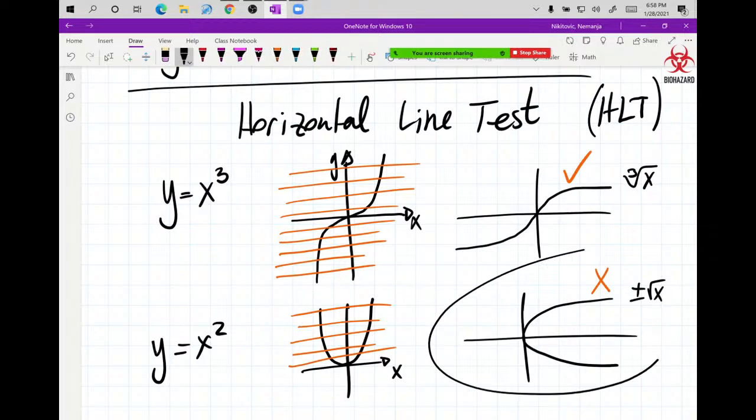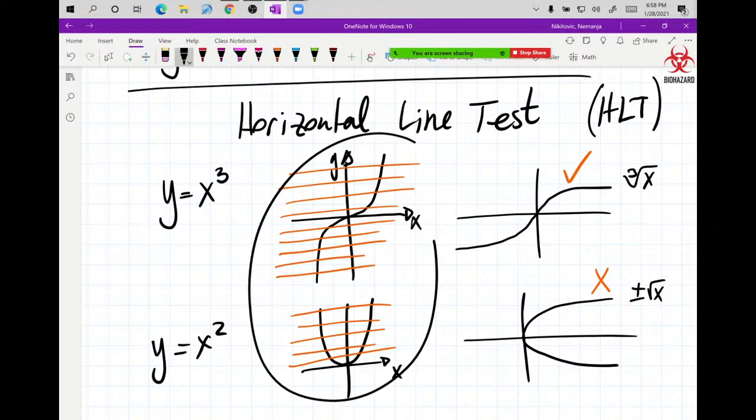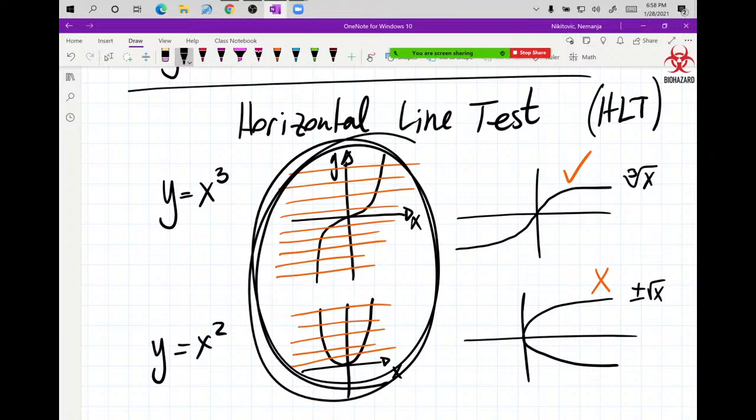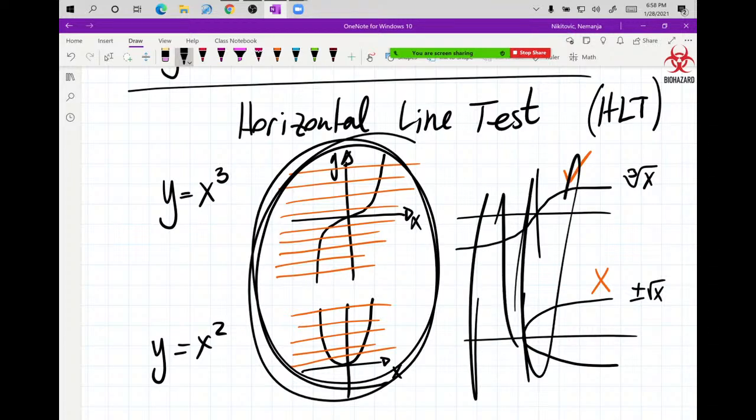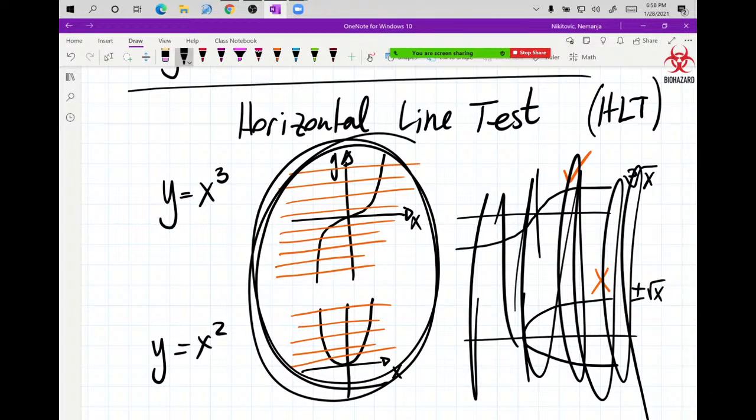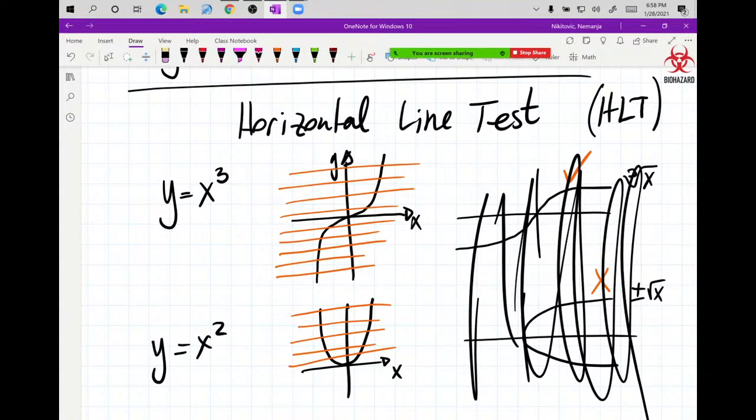Oh, this is an inverse. I'm not testing the inverse. The horizontal line test is done on the original input function to tell us whether the output will be a function or not, without us even knowing what the output is. We have no clue what the output is. We only have the function right here. I'm just looking at the function and I say, oh, it passed, so the inverse will be a function.